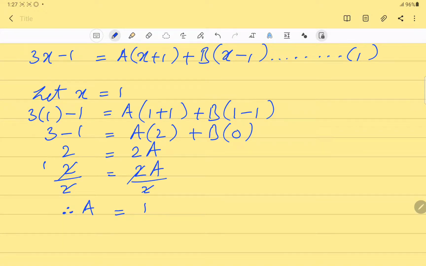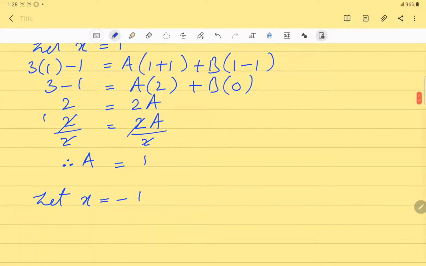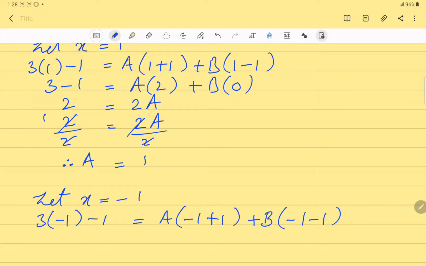So the value of a is equal to 1. Now we will assume the value of x as minus 1. Let x is equal to minus 1. By doing so, the equation will become 3 into minus 1 minus 1 equals a into minus 1 plus 1 plus b into minus 1 minus 1.